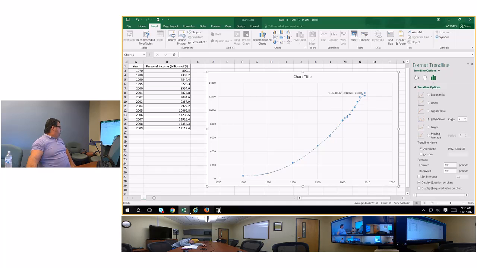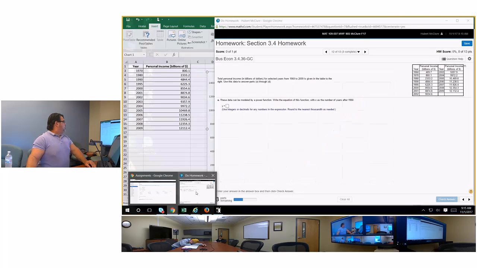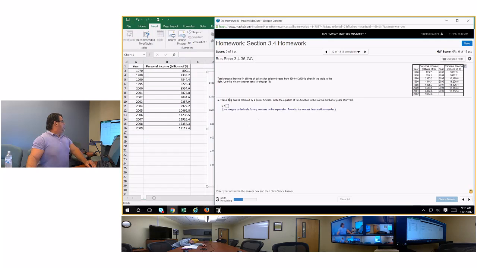I thought it said power function, did it not? Yeah, this data can be modeled by a power function. Write the equation number of years after 1950. Huh. Well, it's not working. Let's see what they say.